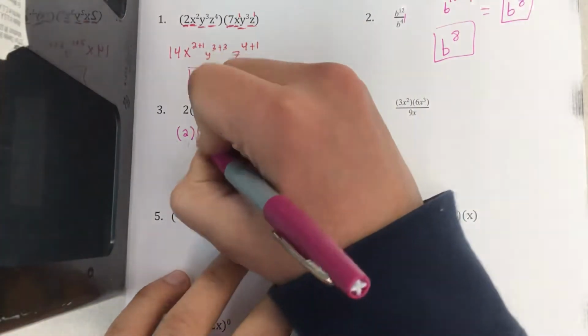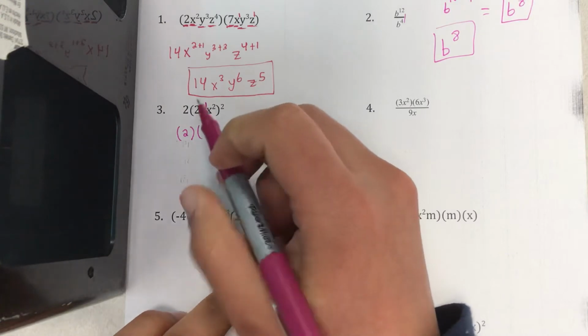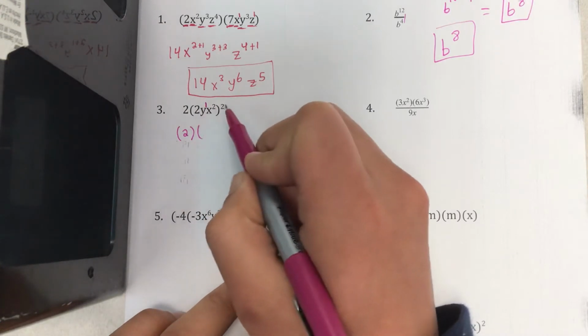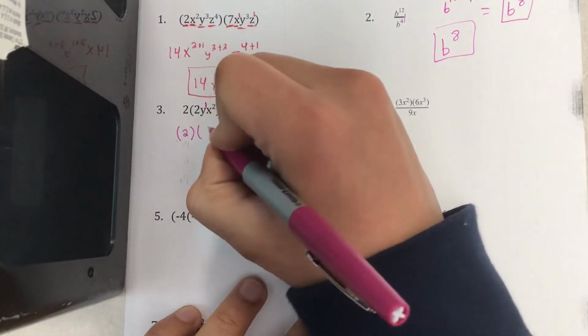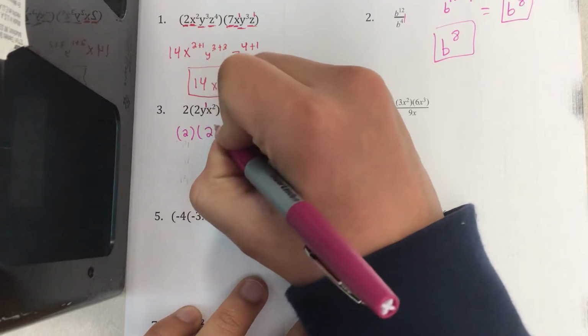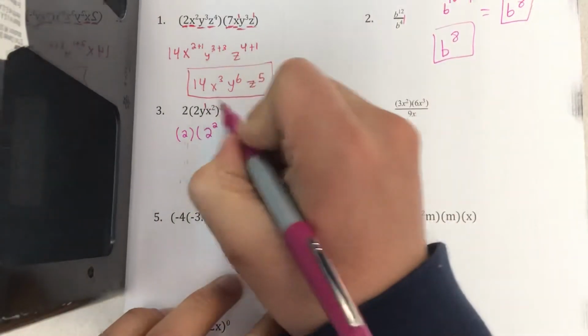But now that I'm gonna do the power to power rule, I'm gonna start with the coefficient of 2, okay? So remember, when I have a coefficient raised to a power, we just raise it normally. So it's just gonna be 2 to the second power. Just like that, okay? Then, remember, when I have y to the first power raised to the second.